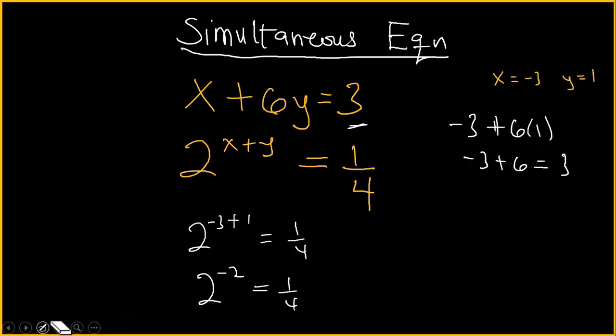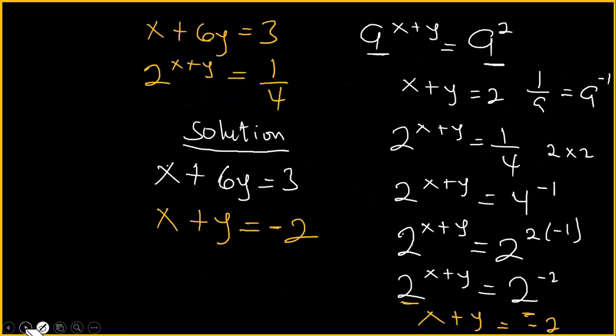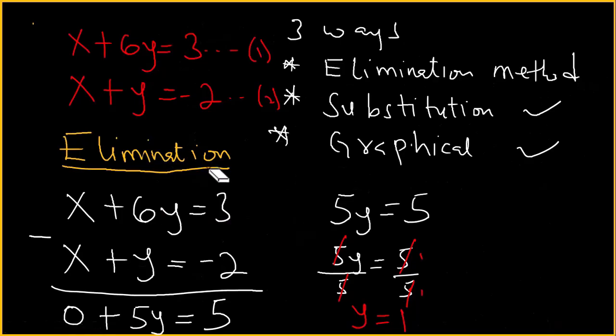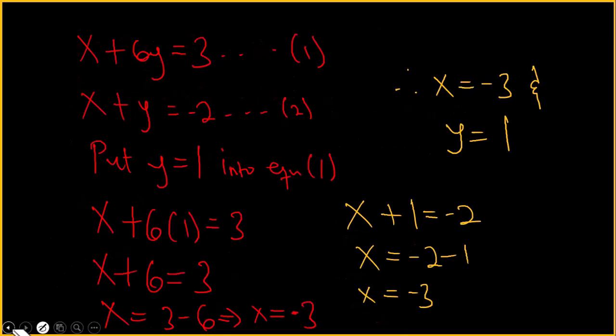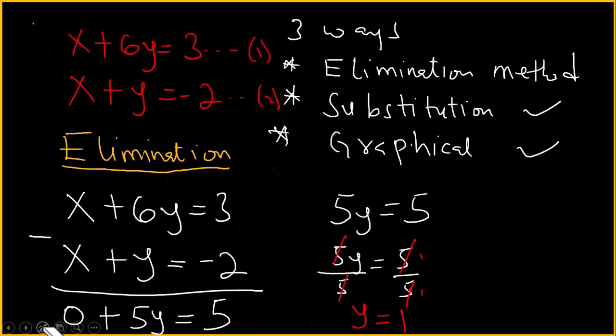But the method used in finding these x and y was the elimination method. Now we are moving on to finding these values of x and y using the substitution method.